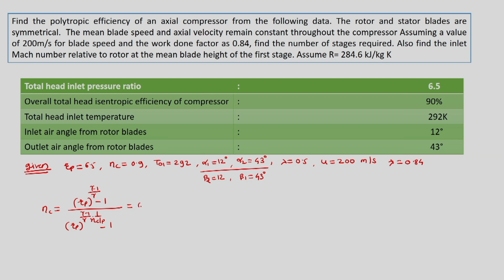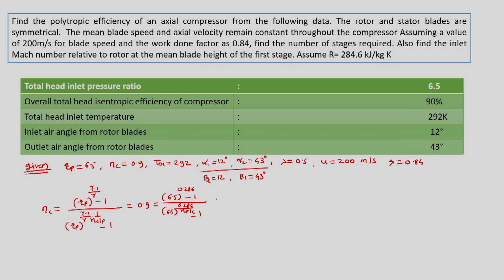We know isentropic efficiency is 0.9, pressure ratio is 6.5 raised to 0.286 minus 1 divided by 6.5 raised to 0.286 divided by polytropic efficiency of compressor minus 1.